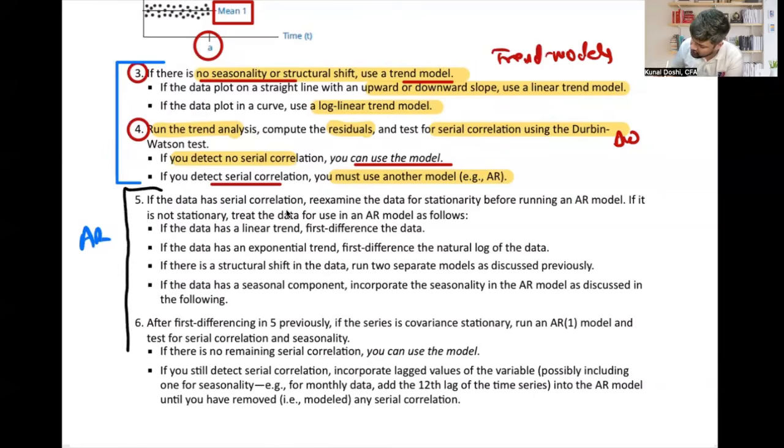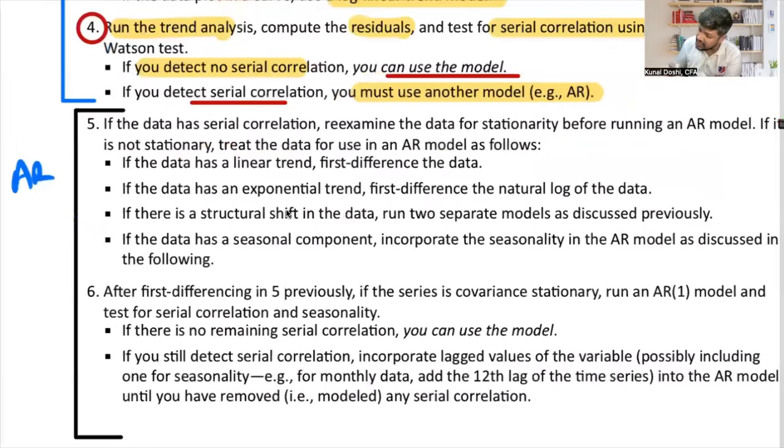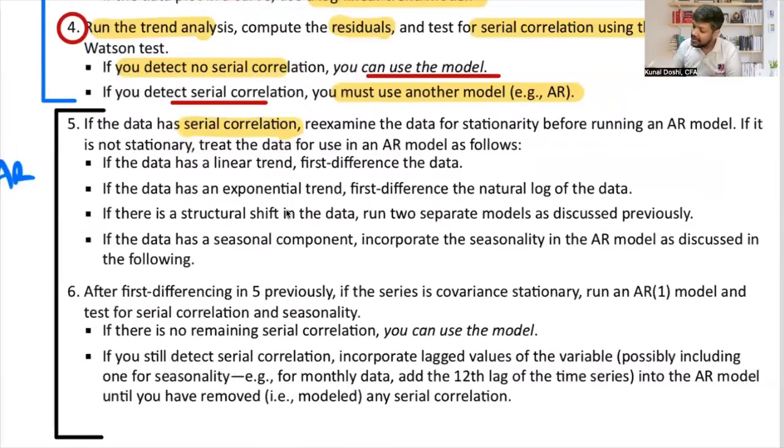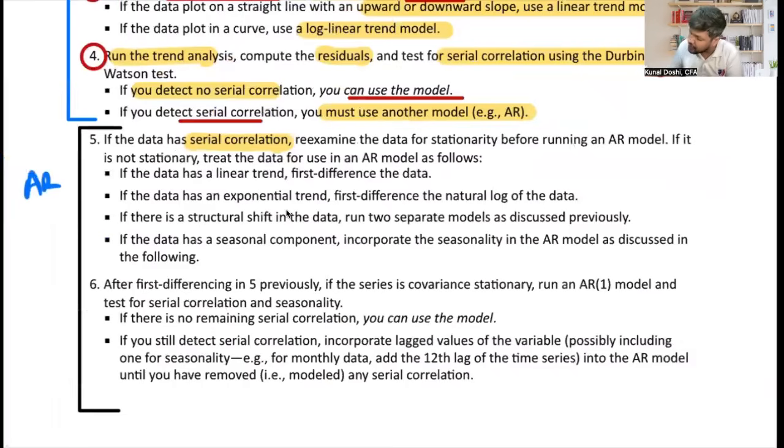So check out these models. If the data has serial correlation, then we need to recheck the data for stationarity before running an AR model. If it is not stationary, treat the data in the AR model as follows. If it is linear, then they are saying use the first difference of the data.